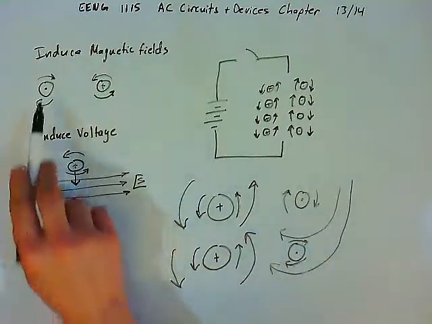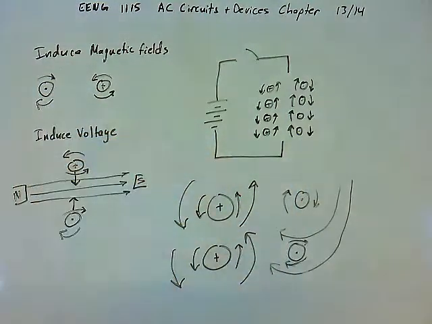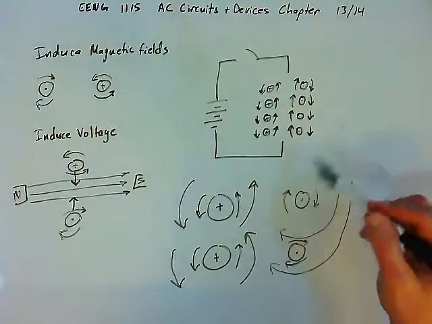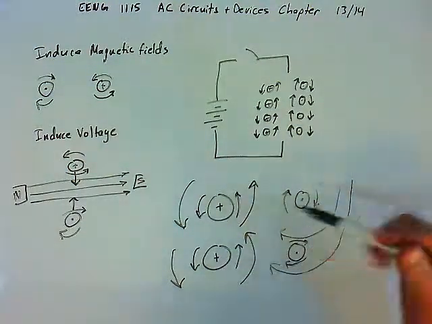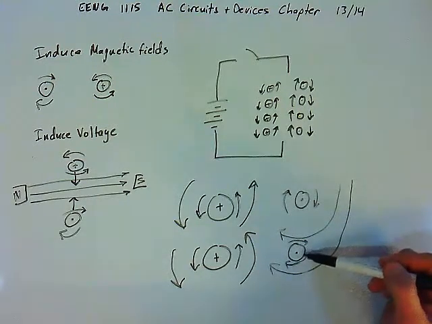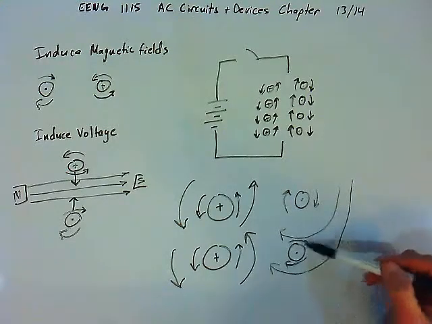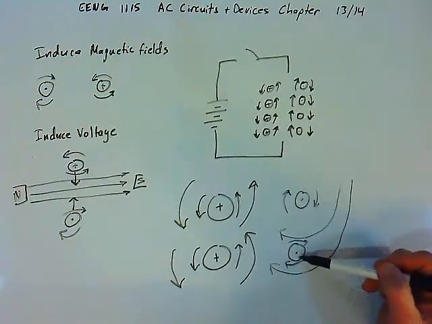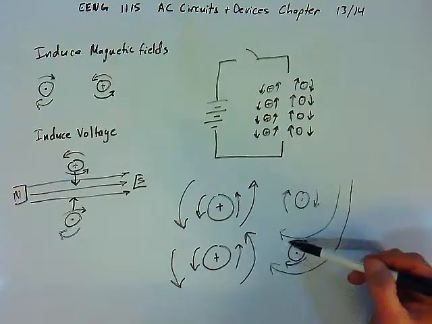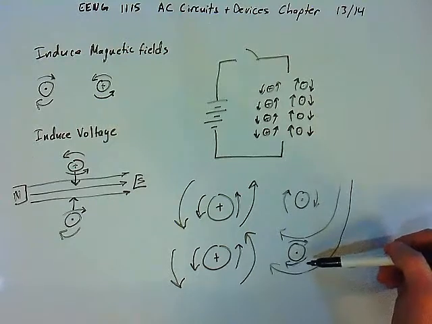So we allowed current to flow through these turns of wire, and we had clockwise flux lines being induced. When those clockwise flux lines grew, they wanted to induce counterclockwise flux around the wires. But when they're collapsing, they want to induce clockwise. They want to keep the current flowing through the wire so that those flux lines can be induced around the wire in the same direction.